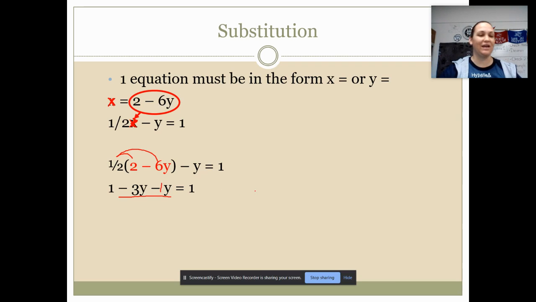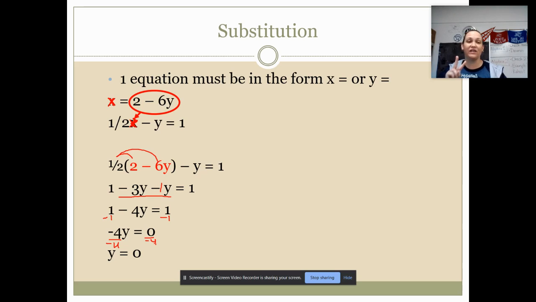So I'll be combining together the negative 3y and the negative 1y. Then we'll subtract this 1 from both sides. And finally, we'll divide by the negative 4. Now, 0 divided by anything is still going to be 0. And I have found one of my two answers.